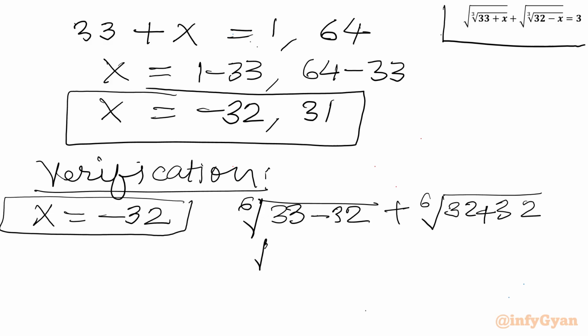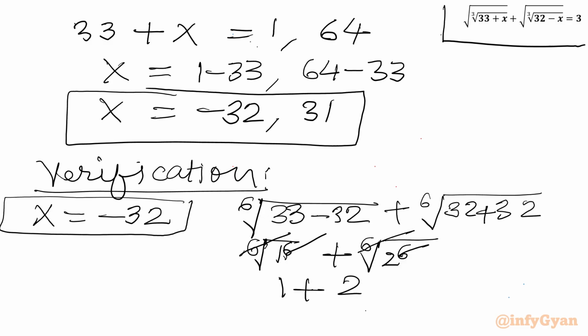Now here I will be writing 6th root of 1. Here we have to write 6th root of 64, which I will write as 2 power 6. Now 6th root and power 6 will cancel. And here we can write 1 power 6. So 6th root and power 6 will cancel. So the ultimate value will be 3, which is our RHS. Hence, minus 32 is a verified solution.